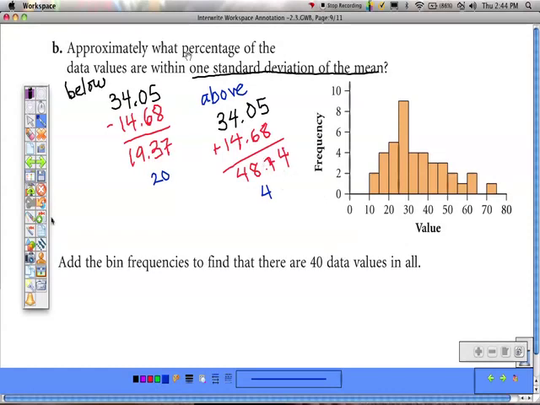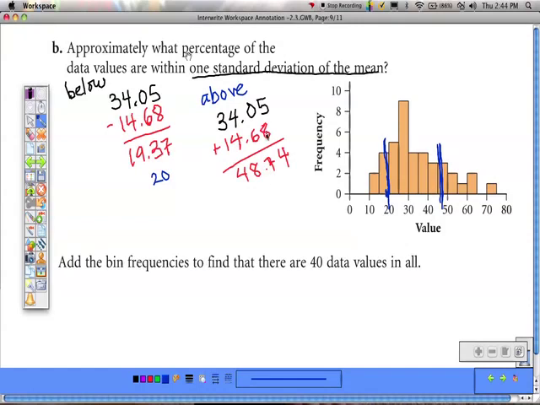Let's see where they would be here. So 19.37 would be about right here. So I'm going to round to this bin. And 48.74 would be about in this bin right here. Okay, so in that bin.